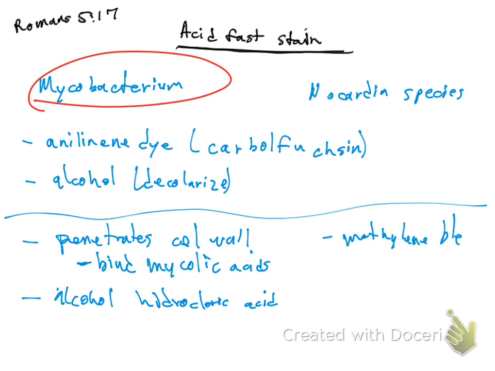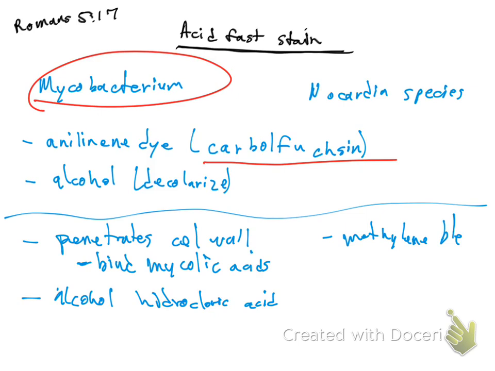So now when we put on this counterstain, methylene blue, it is going to be taken up by the bacteria that were decolorized. As the result, the carbolfuchsin acid fast stain, which remember was the first one that we put here, is going to produce red mycobacteria, which is the initial stain, and blue non-acid fast bacteria.